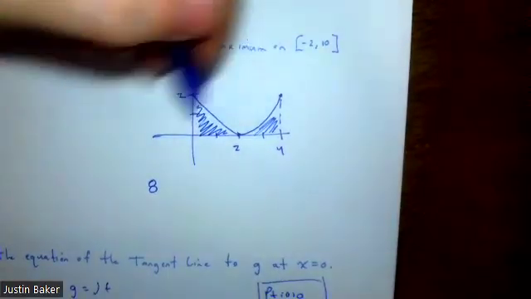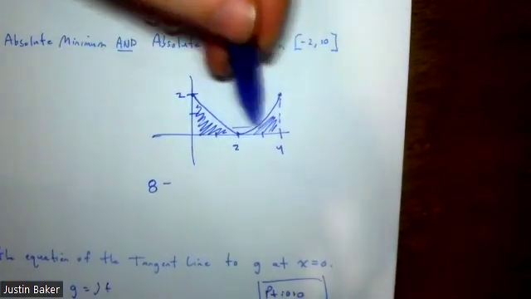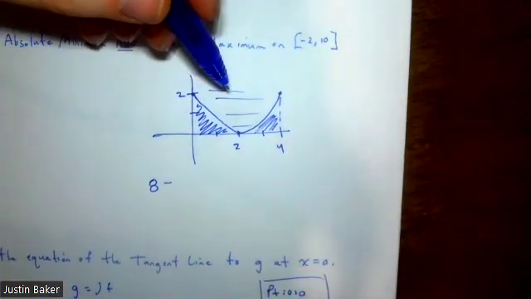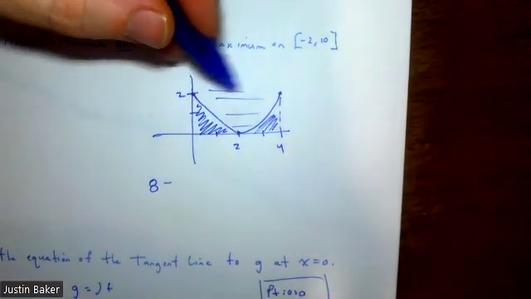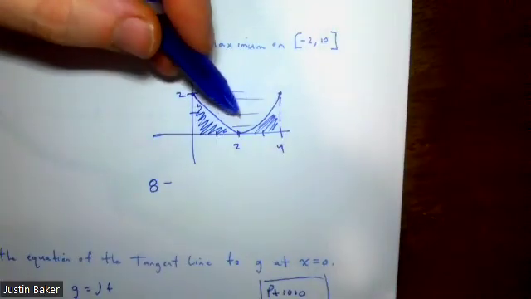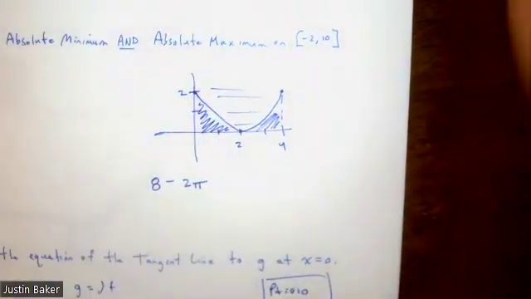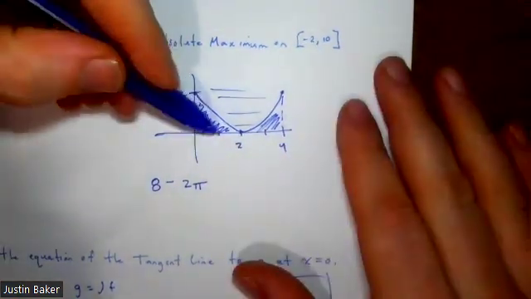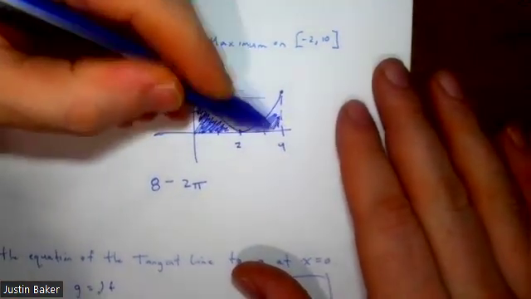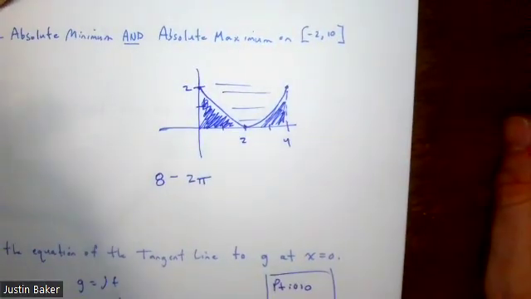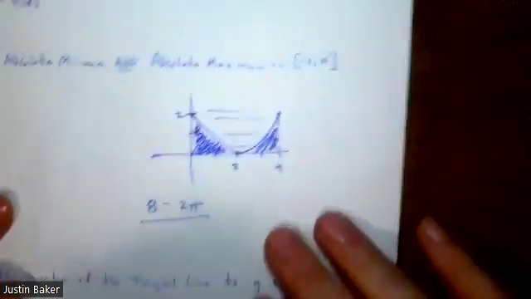So that's 8 minus, and then we're going to subtract this half circle, and that half circle is going to be pi r squared, but then cut in half. So that would be 2 pi. So for the example that I just listed here, this shaded area underneath is 8 minus the half circle. So 8 minus 2 pi. And that takes care of that.